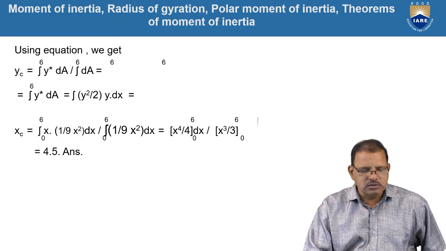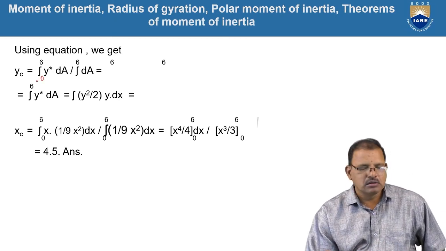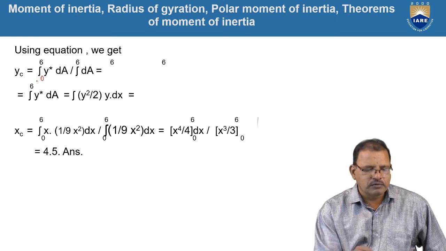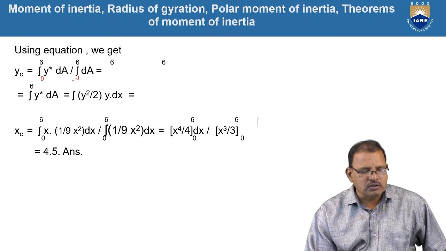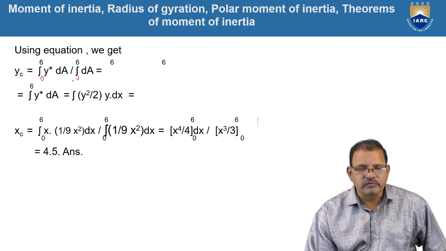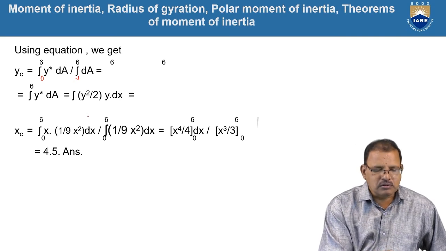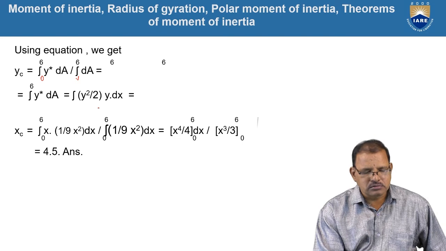Similarly, yc is equal to integral from 0 to 6 of y star dA divided by integral of dA, which is equal to, y star is given by y by 2, so y by 2 into y dx.